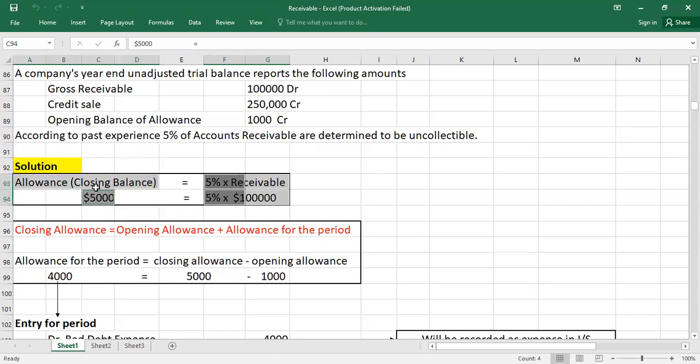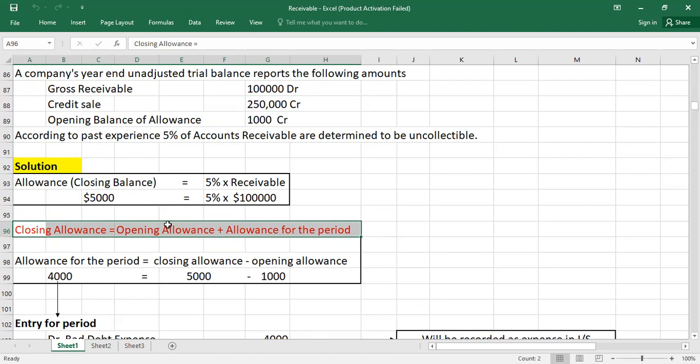But don't forget, when you pass the double entry you will pass it for the allowance for the period amount only. So you have to calculate the allowance for the period first. If you remember, I told you above, the equation: closing allowance is always equal to opening allowance plus allowance for the period.